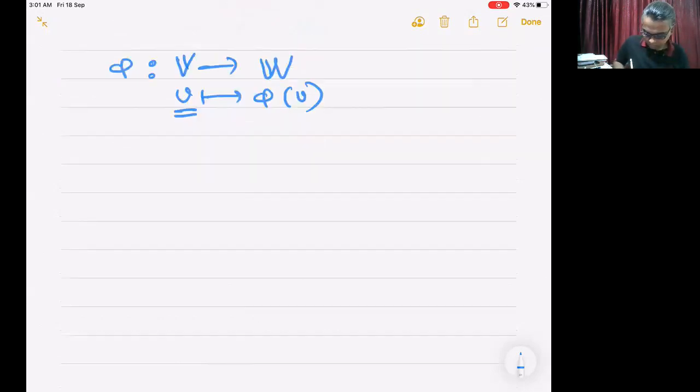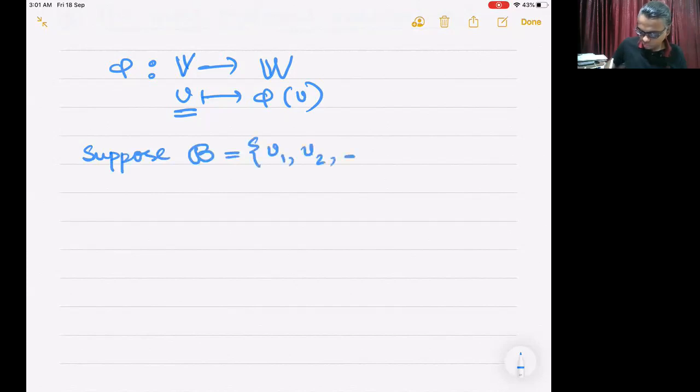Suppose B, which is equal to {V1, V2, ...}, could be finite, could be infinite, doesn't really matter.